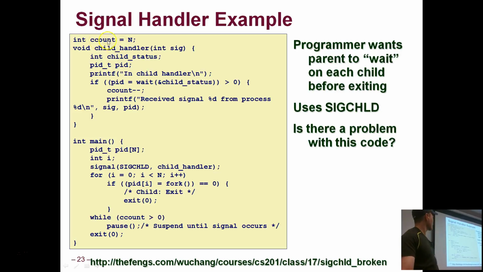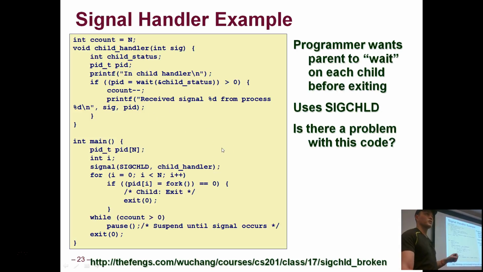So count is n. I'm going to fork n children, and then while count is still greater than 0, I'm going to pause, and as children finish, I'm going to get SIGCHLDs, run this SIGCHLD handler, and decrement the count by 1 every time I get a SIGCHLD.